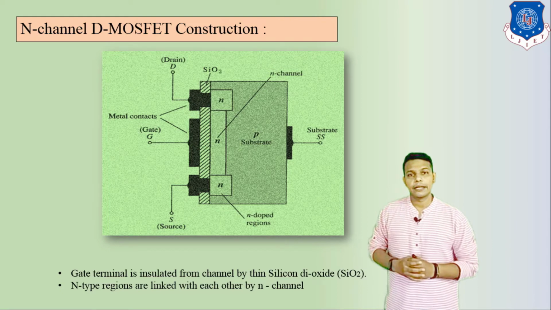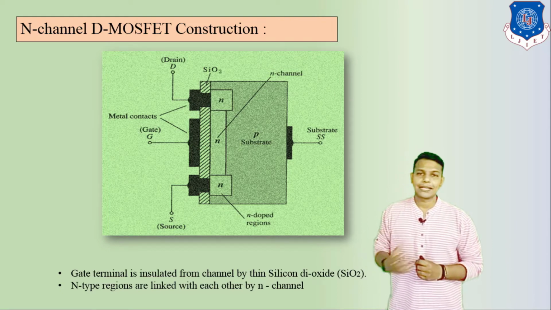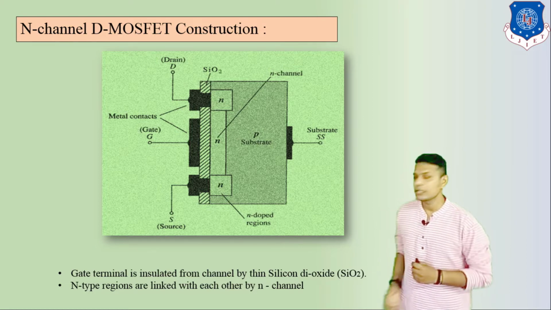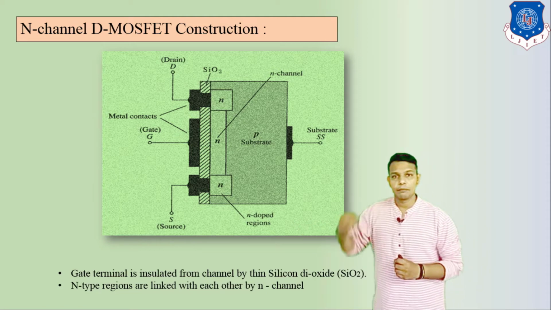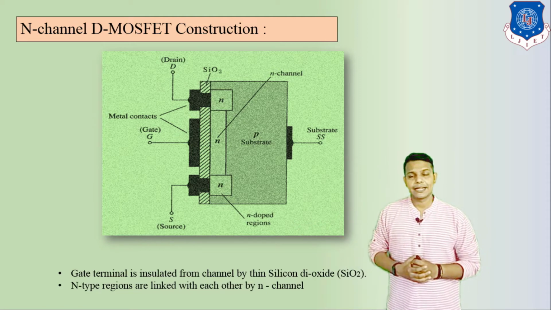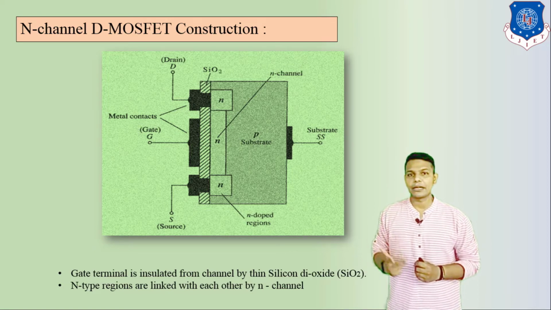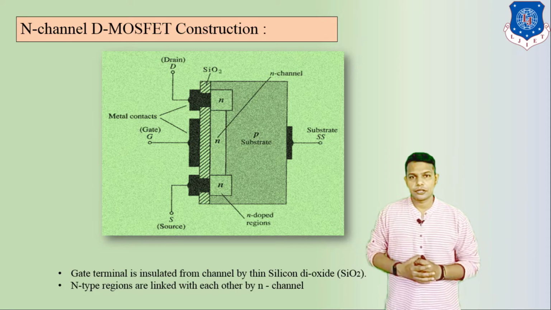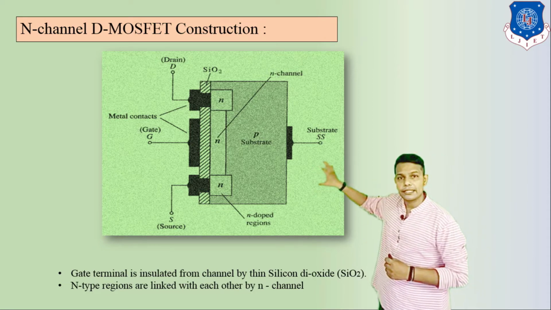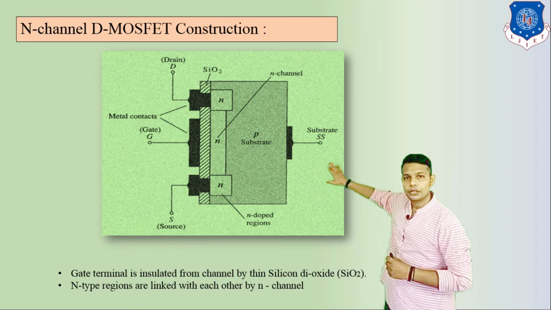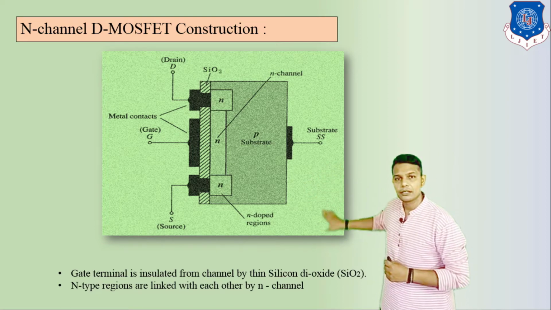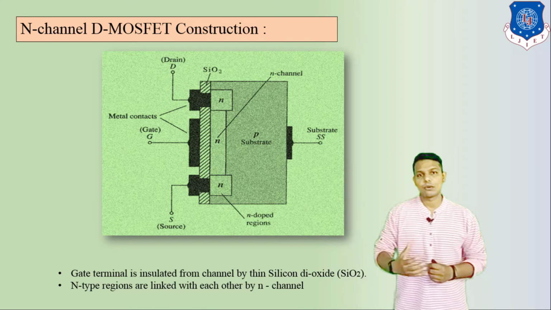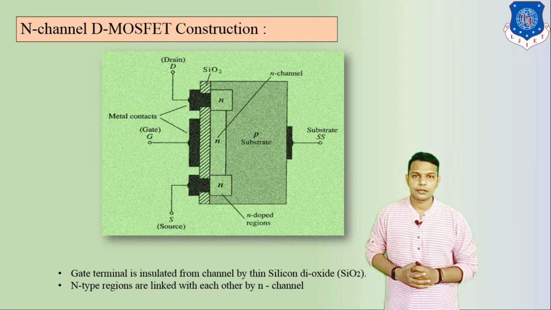This layer is silicon dioxide, that's why oxide. Metal oxide semiconductor: this device is built from semiconductor material, that's why it is known as metal oxide semiconductor, and it is a type of FET, that's why field effect transistor. A field is created due to VGS, and the electrons flow from the downward to the upward direction. That's why it is known as field effect transistor.